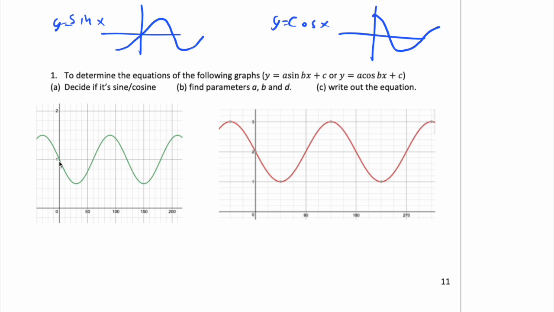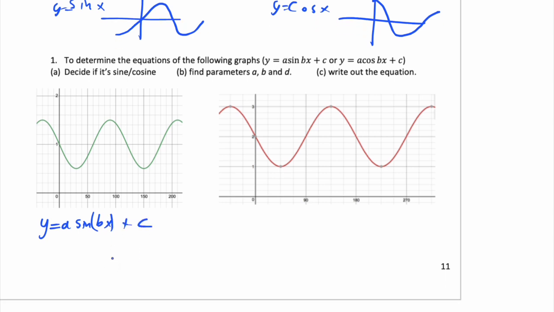So we would use sine for this one because it doesn't start at its peak, at its maximum or its minimum. It starts in the middle at the principal axis. So this would be sine. Let's write down the model first: sine bx plus c, and then we can figure out all the values of a, b, and c.